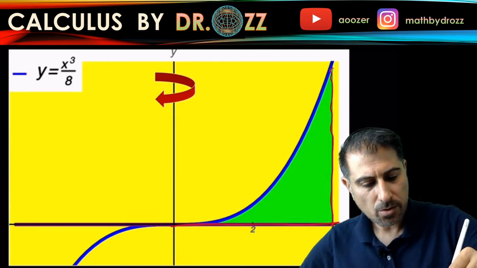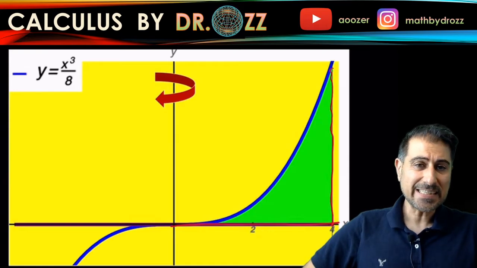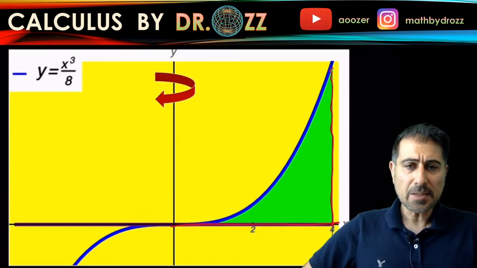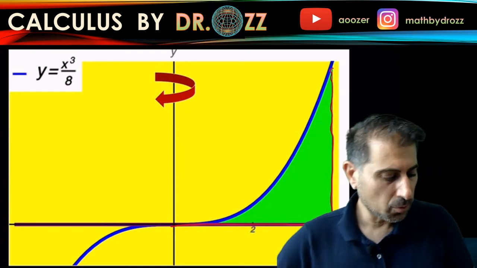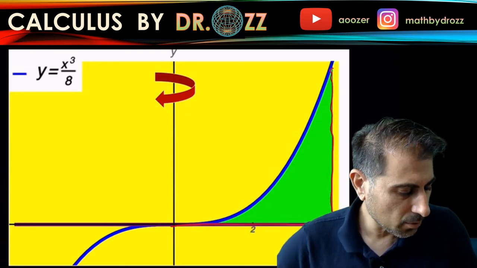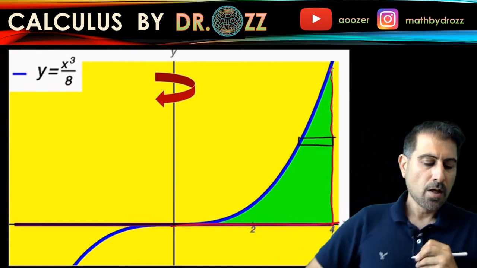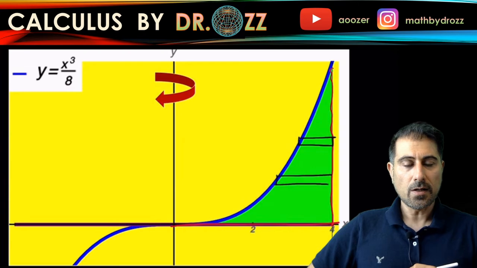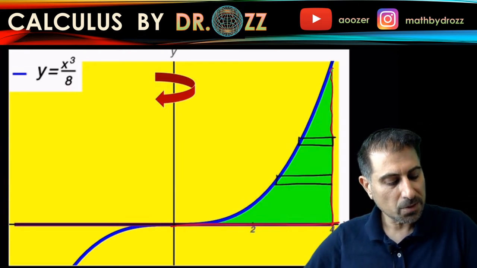Remember, in the washer method, we are taking slices within the region strictly perpendicular to the axis of revolution. So the slices would look like this. Since you take the slices horizontal like this, the thickness for each would be dy.